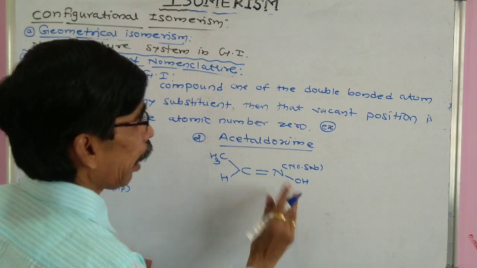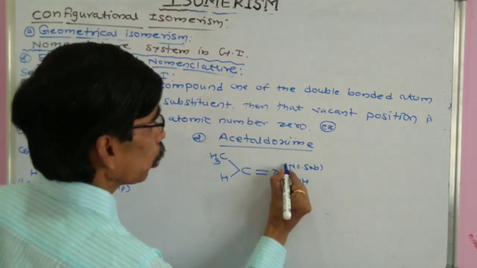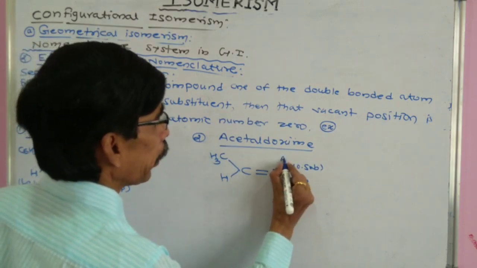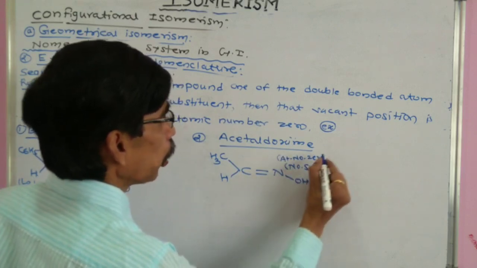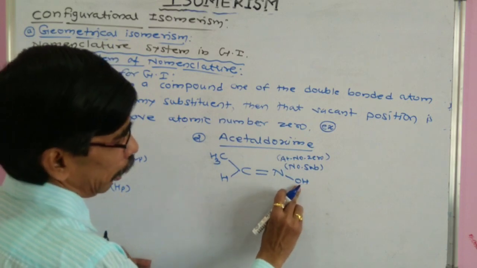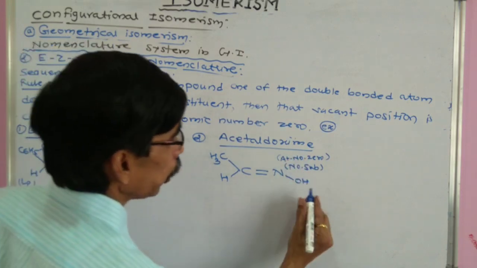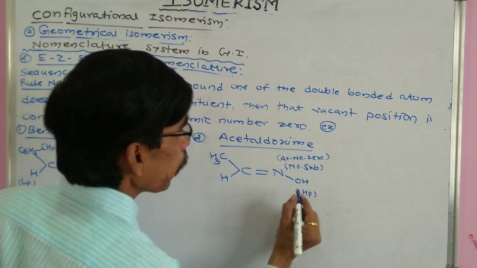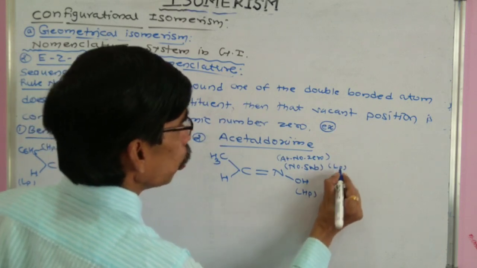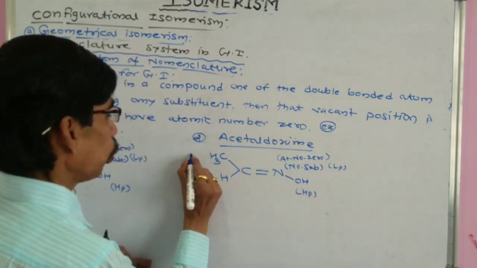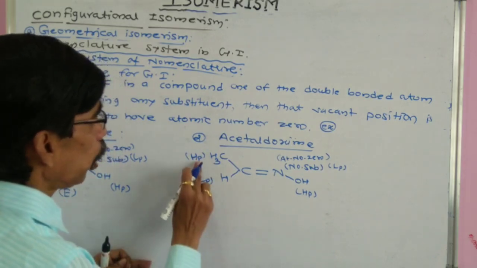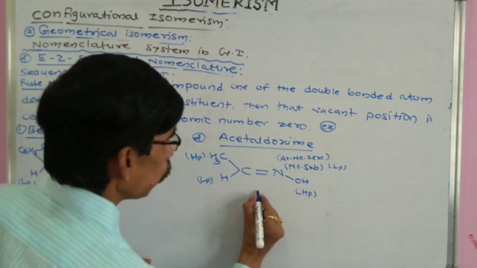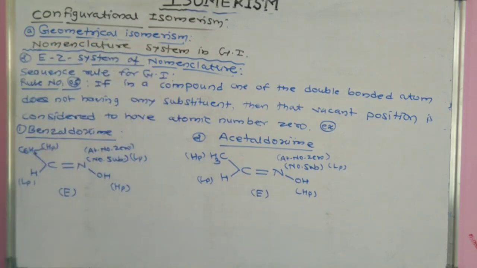This position is a vacant position, therefore its atomic number is considered to be 0. This oxygen has atomic number 8. Therefore, this OH group has the higher priority and this has the lower priority. This CH3 group has the higher priority and this H has the lower priority. So the higher priority groups are on the opposite side of the double bond. Therefore, this acetaldoxime has the E configuration.